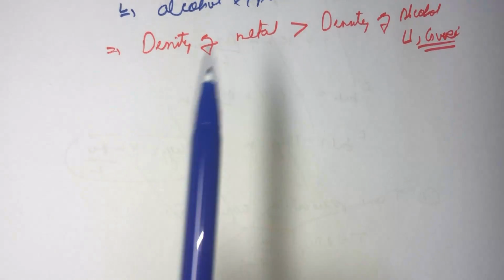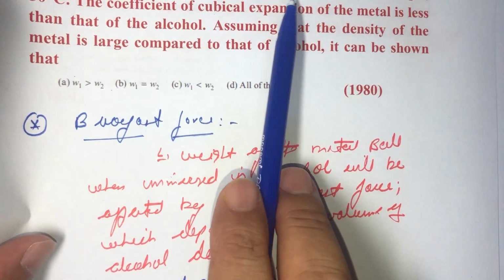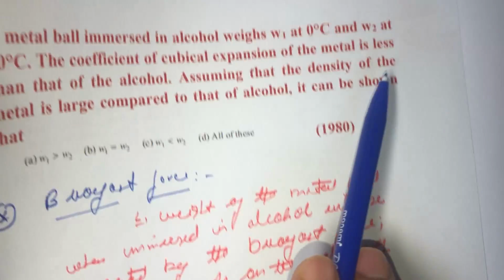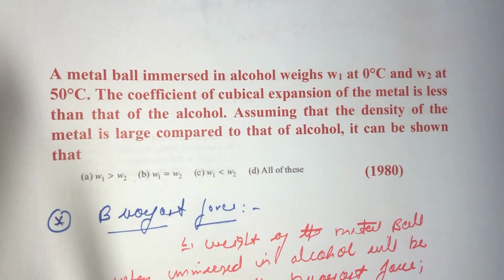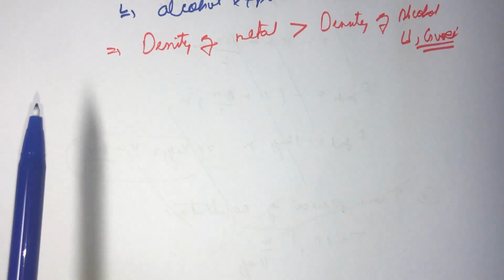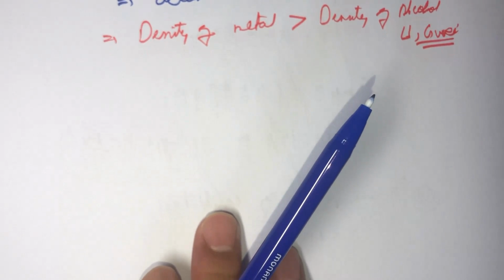So we have to make a comparison between the temperature 0 degree centigrade and temperature 50 degree centigrade. Let us start with the temperature at 0 degree centigrade.